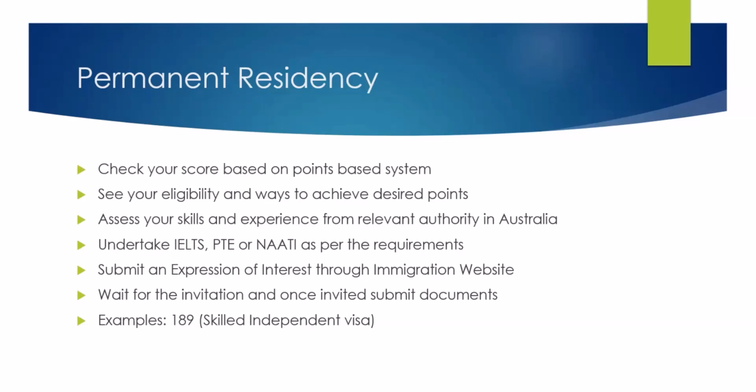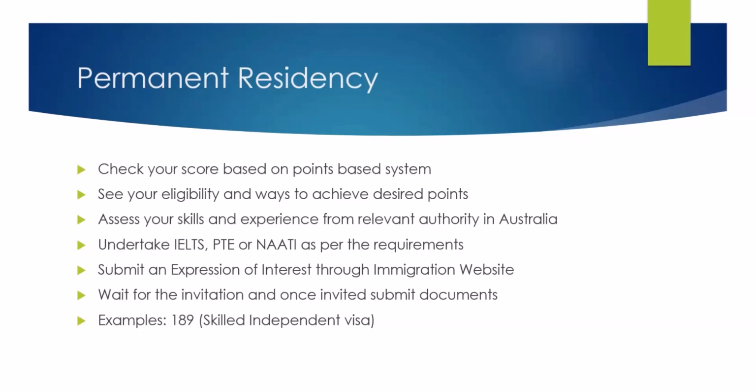Minimum points at this point of time for submitting an EOI, expression of interest, is 65. So check your eligibility and try out different ways that can help you get the desired number of points. You can go for different exams, work experience, or any other viable option that suits you.